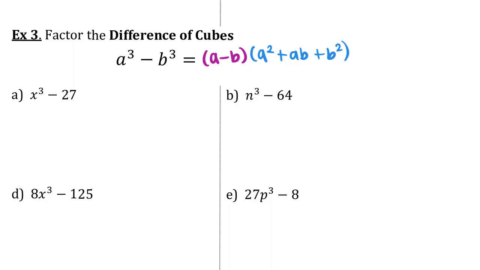Okay, let's look at the first one. It's x cubed minus 27. So what do I cube to get 27? 3. So the first parentheses is going to be x minus 3. Okay, the second parentheses. First thing squared, so x squared. It's going to be a plus, because I already did the minus sign. a times b, so x times 3, 3x.